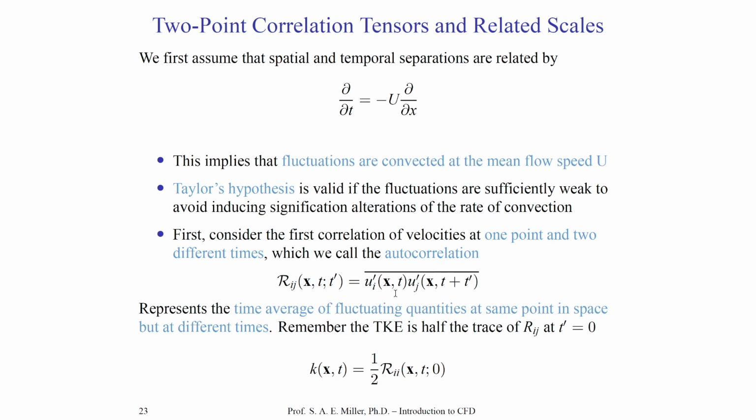So what we're going to do is say t is the time and t prime is a second time. So in one position, we have two times. This is the definition of the autocorrelation if we take, of course, the correlation of these two quantities, the averaged operation. So autocorrelations are the correlation of two quantities at one point in space over time.